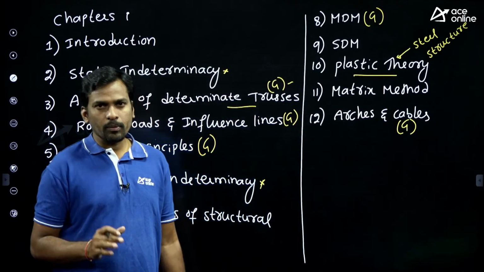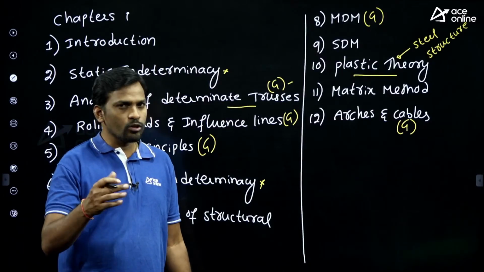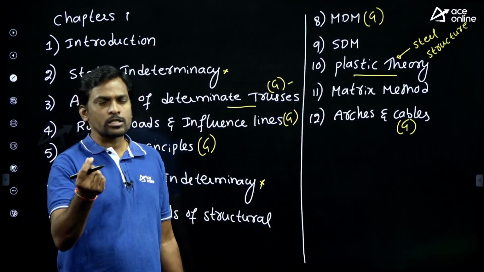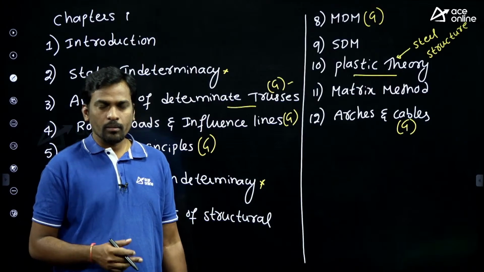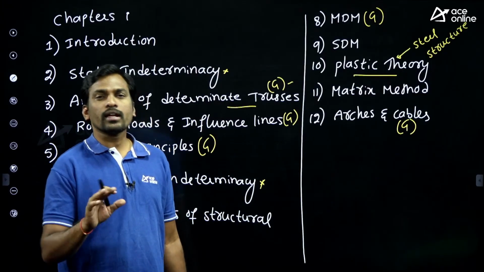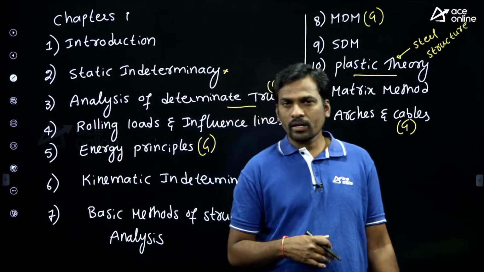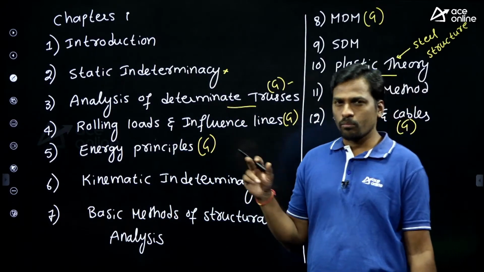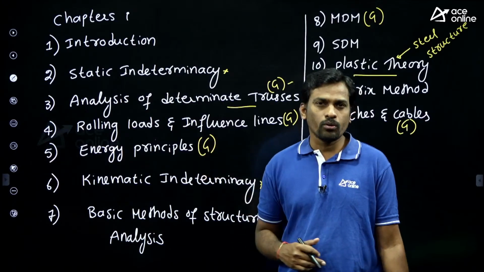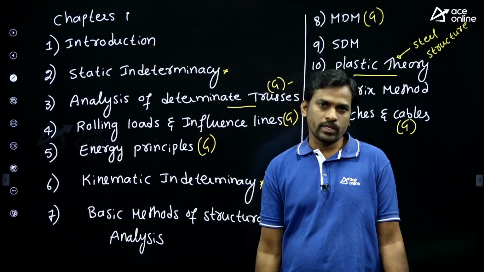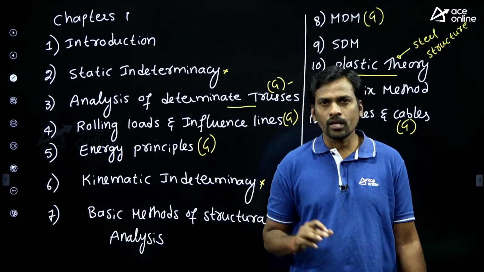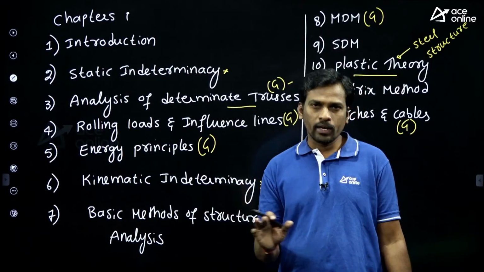Okay, for GATE people 99% numerical, only a 1% possibility of asking a theory question. But in IES both are important, numerical questions and theory questions. But compared to numerical you will see more theory questions, 60-40 otherwise. Okay, 60% theory questions and 40% numerical questions.